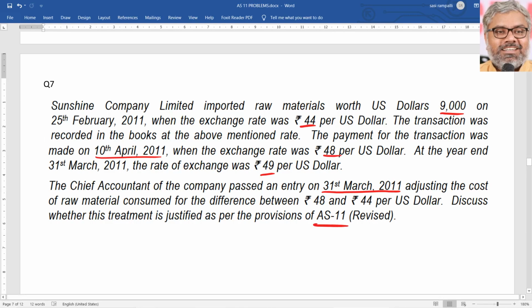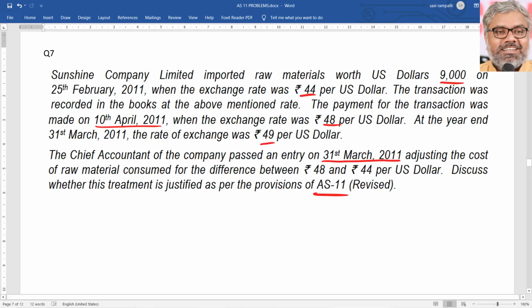So what he did is, there is a loss. Definitely yes. 9,000 into the difference. Real loss is how much? Real loss is 4 rupees per dollar. So 36,000 rupees loss is there when the transaction is entered into and the transaction is settled.